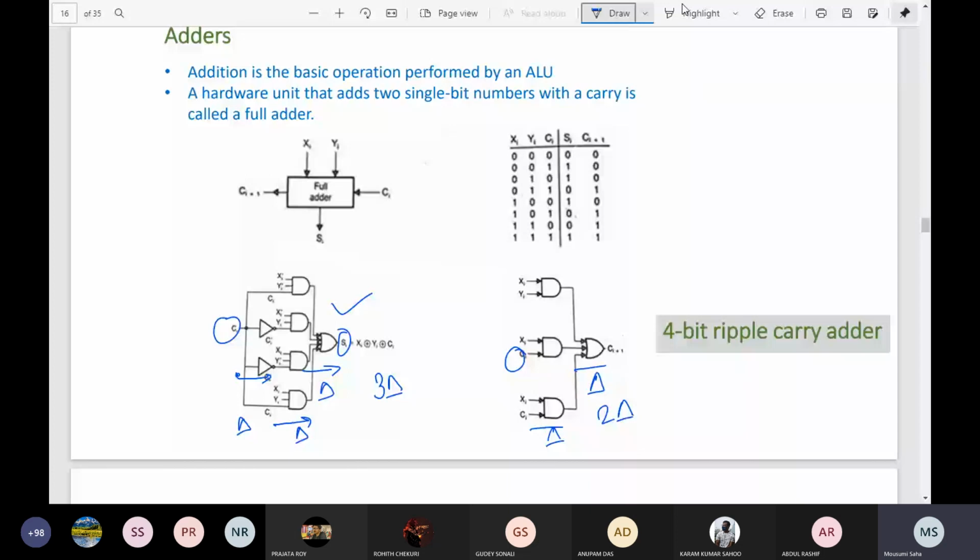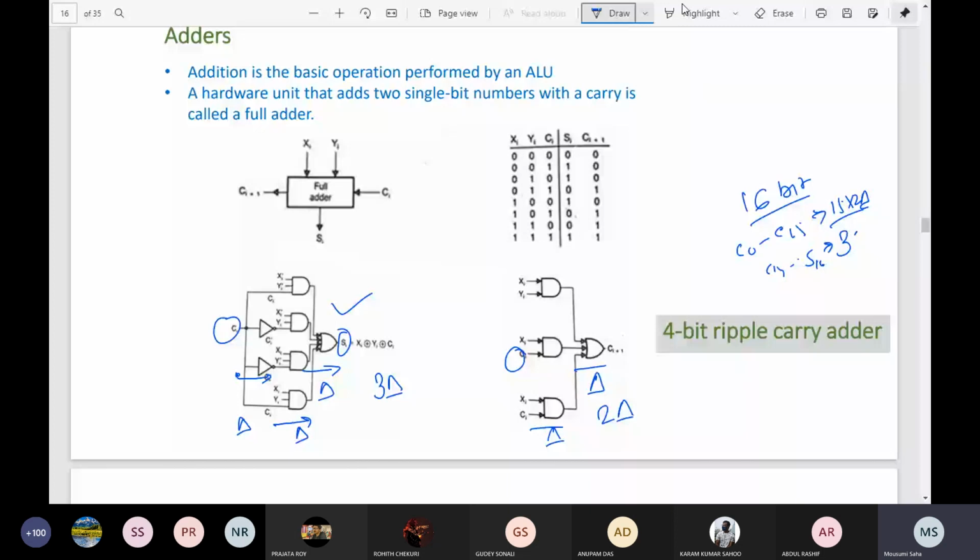Clear? Now suppose you need a 16-bit ripple carry adder. From C0 to, you can say, C15, you need 15 into 2 delta t time, and from C15 to the last bit S15, or S16, sorry, at that moment you need 3 delta t time.